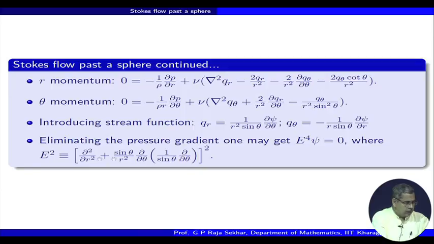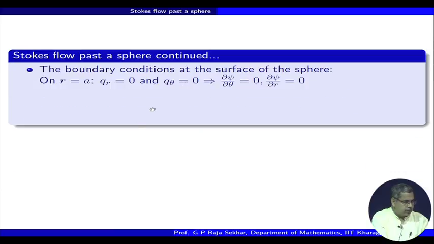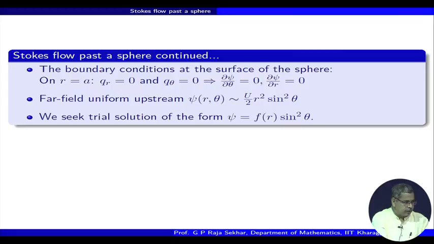Once we have this operator, we convert the problem in terms of the stream function. This is the no slip condition, and then we have the far field. Look at the far field structure.